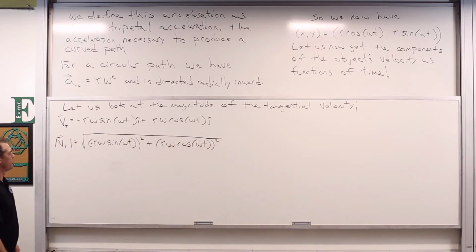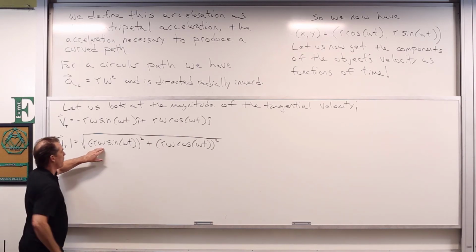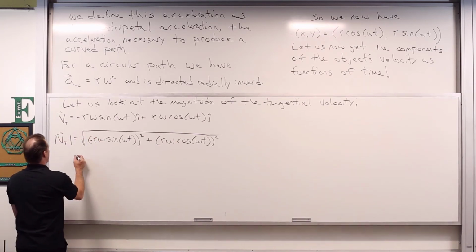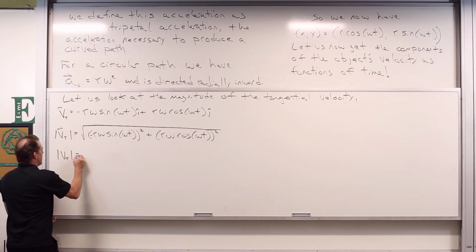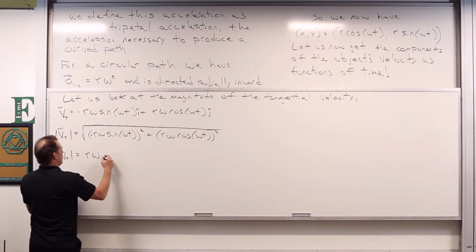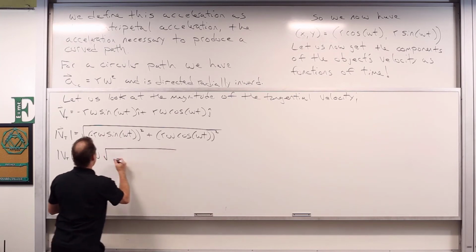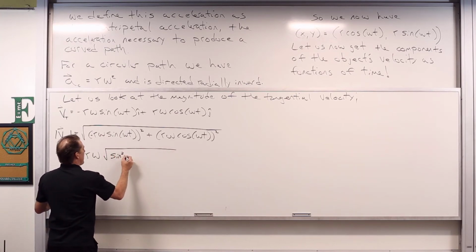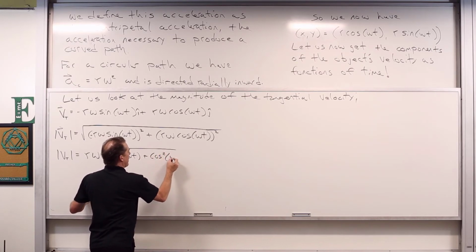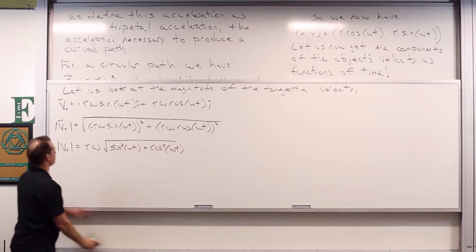So here's the magnitude of it. Well, let's look at this. We've got r squared omega squared, the negative sign goes away, r squared omega squared, two terms of that, so we can write this as just being equal to the square root of r squared omega squared, multiplied then by sine squared omega t plus cosine squared omega t.